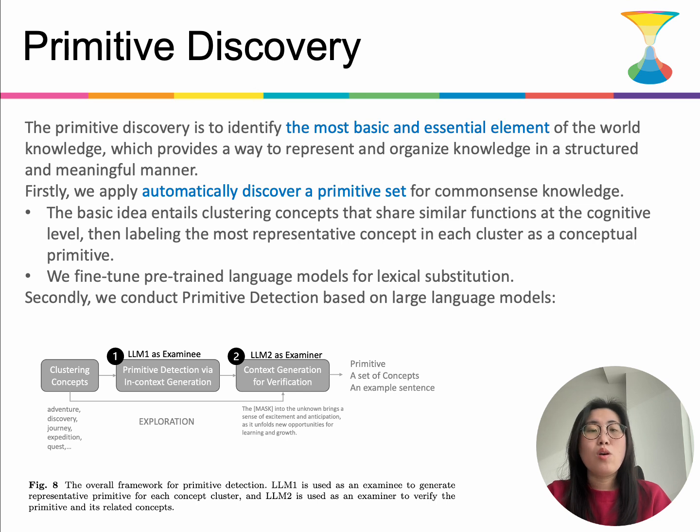In our method, we first apply an automatic method to build a primitive set. The basic idea entails clustering concepts that share similar functions at the cognitive level, then labeling the most representative concept in each cluster as a conceptual primitive.